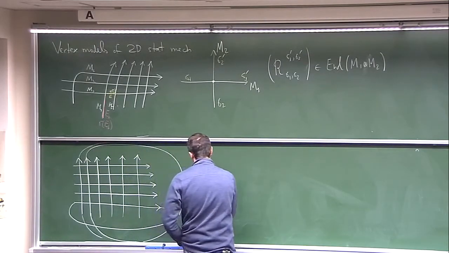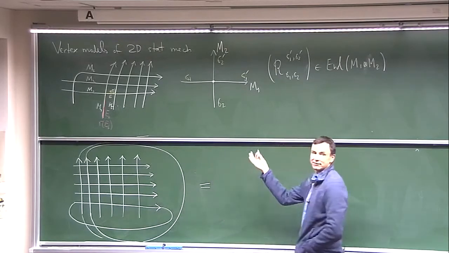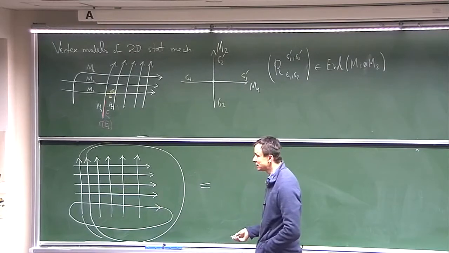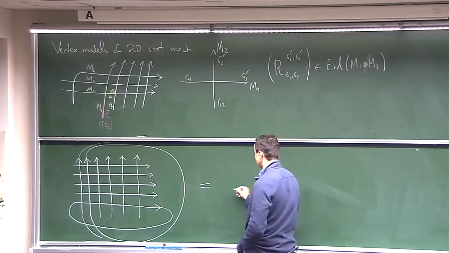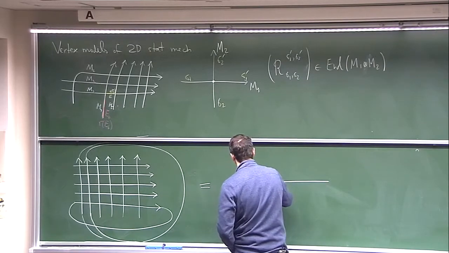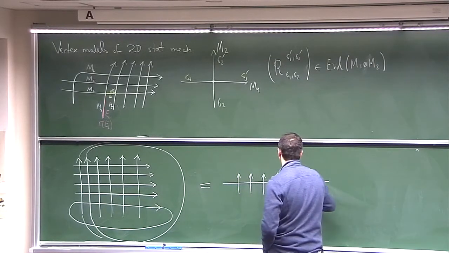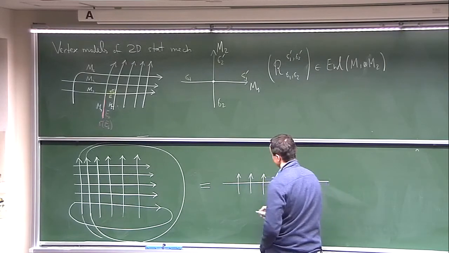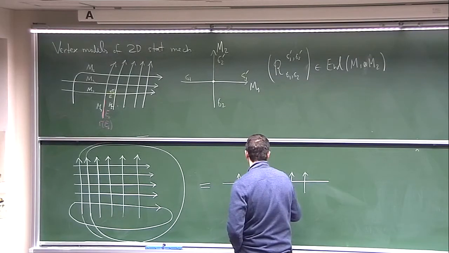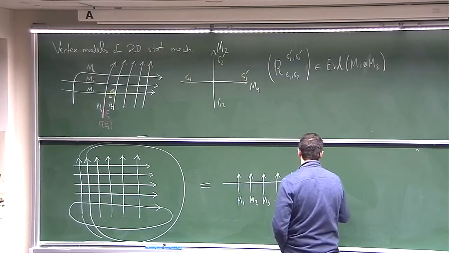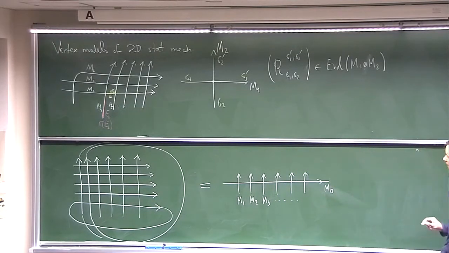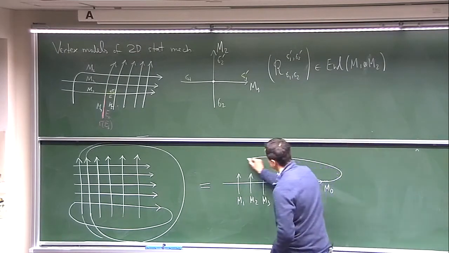This is a slightly unconventional contraction of indices, but to make it a more conventional contraction of indices, we can consider such an operator here. So this would be going from maybe M1, M2, M3, and so forth, and then there's some variable M0, and then we can contract these indices.